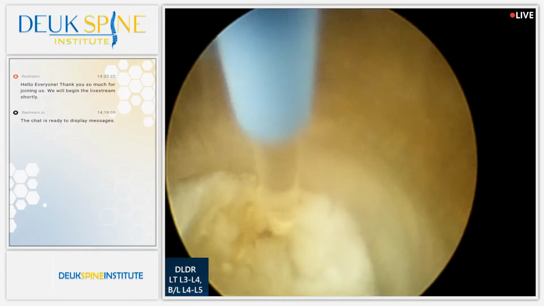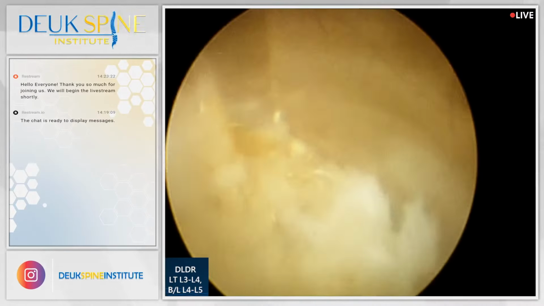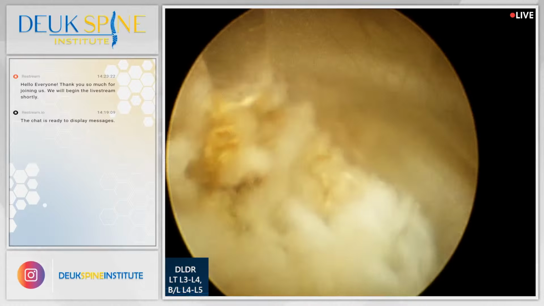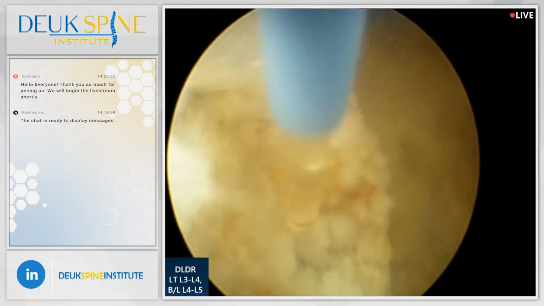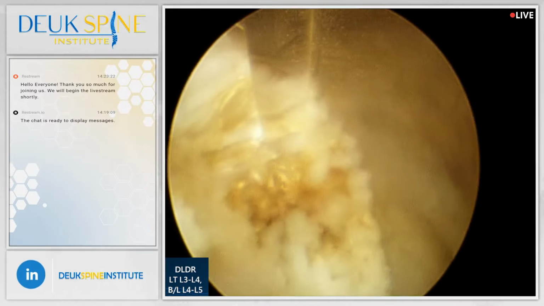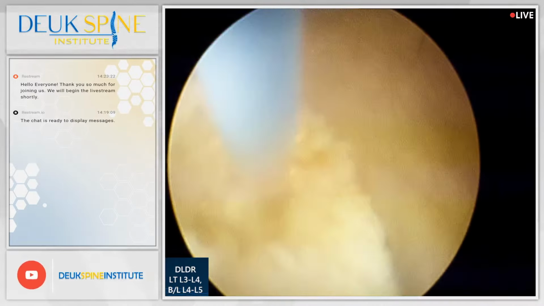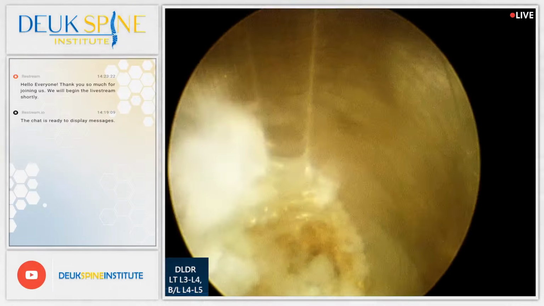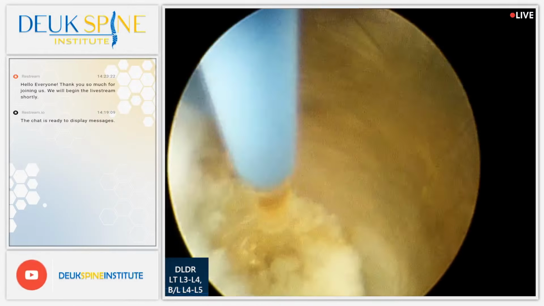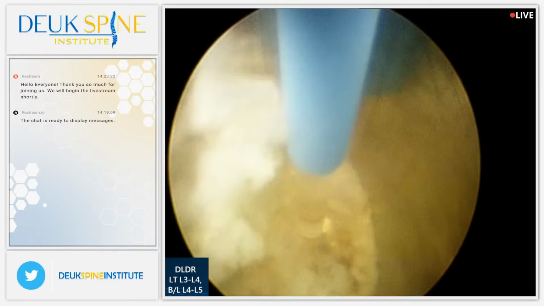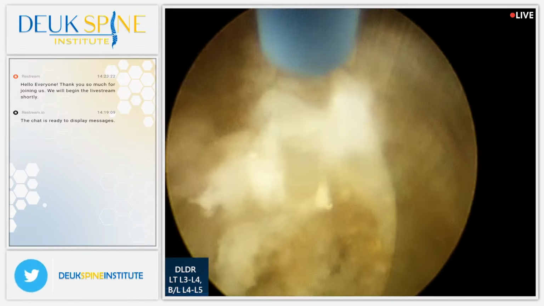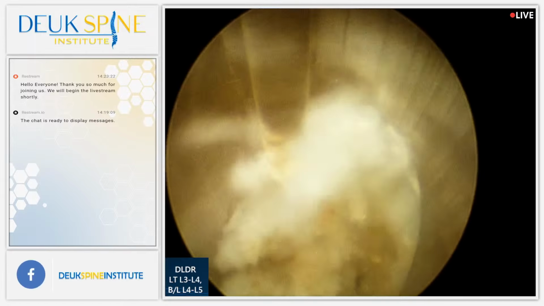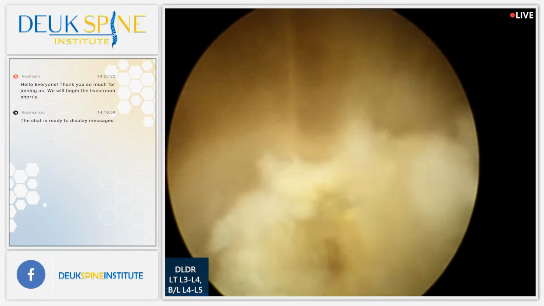So this patient suffered with lower back pain for 40 years. He worked as a cleaner. Anybody know what a cleaner is?